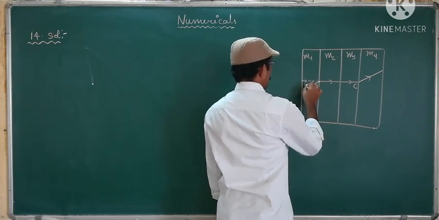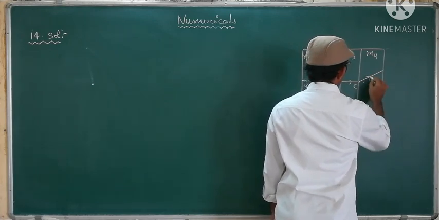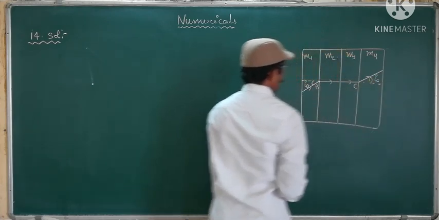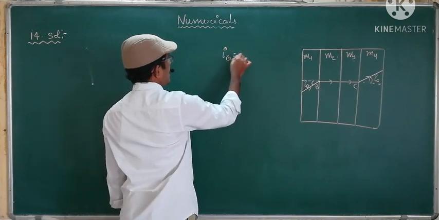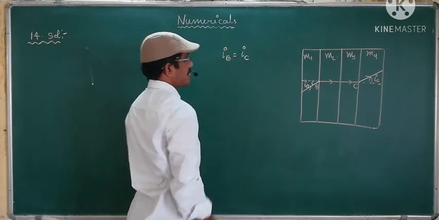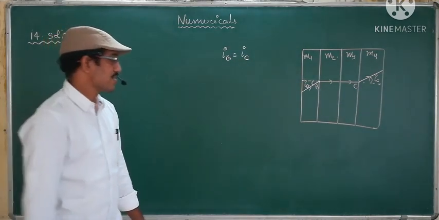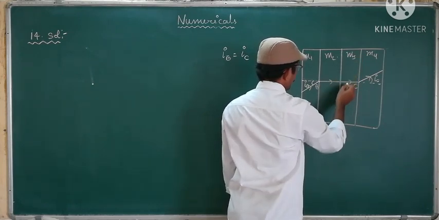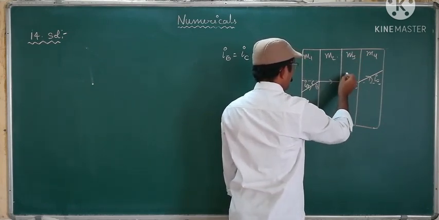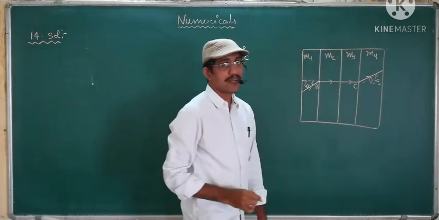This is the angle IB, and here the angle IC. From the diagram, IB is equal to IC. And here, observe carefully, the ray is incident normally on surface 3. From 2 to 3 it is going normally. Normally means it doesn't refract.